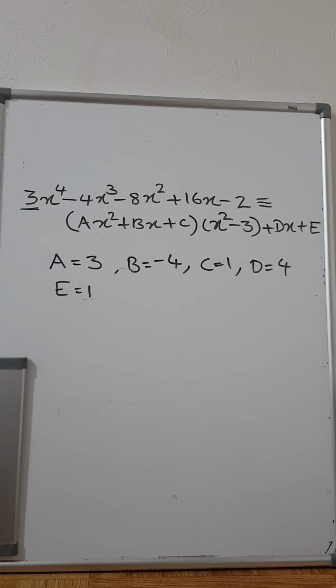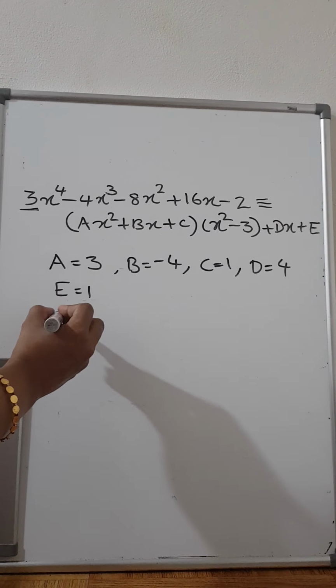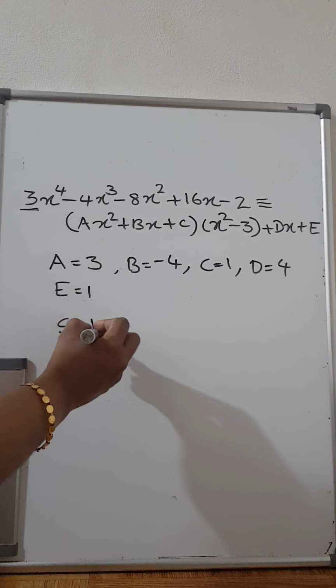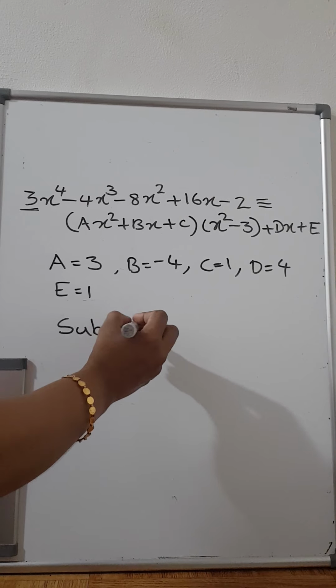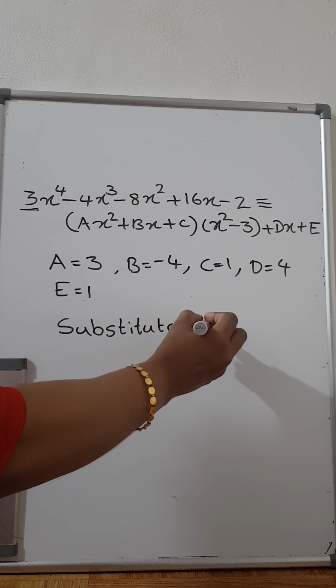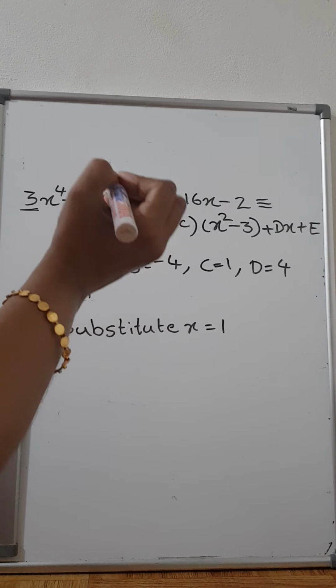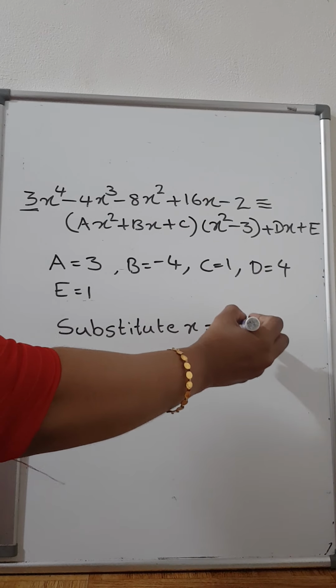It's a good idea to check your answer by substituting a simple value of x into both sides of the identity to check that your answers are correct. For example, here substitute x equal to 1 into LHS.